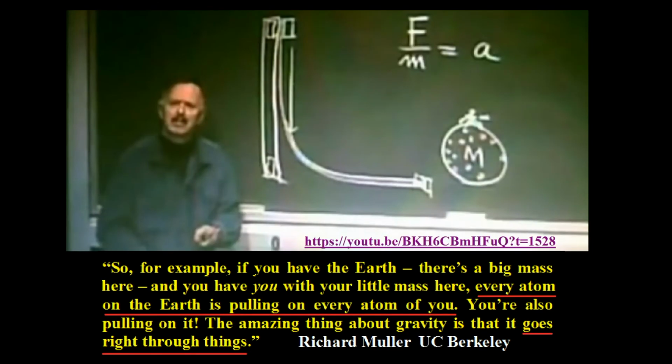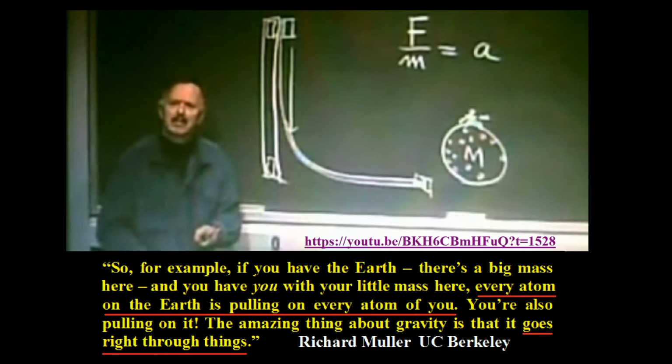Well, here it is. For those who want proof and evidence, we don't deal with this in science, but here you have proof, evidence, authority, all the stuff that you always wanted. Here you have Mr. Richard Muller, professor at Berkeley, who says, so for example, if you have the Earth, there's a big mass here, and you have you with your little mass here, every atom on Earth is pulling on every atom of you. You're also pulling on it.